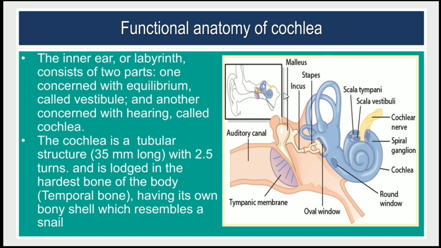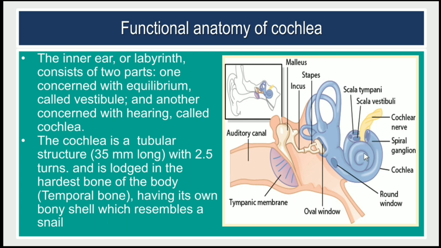This cochlea contains a bony tube under which membranous structures are lined. Now we are going to see the enlarged view of the cut section of the cochlea.